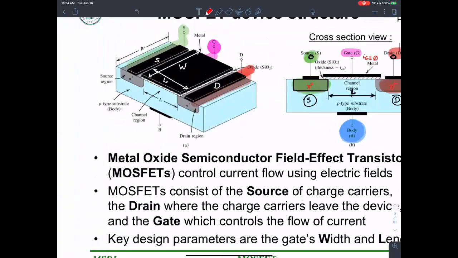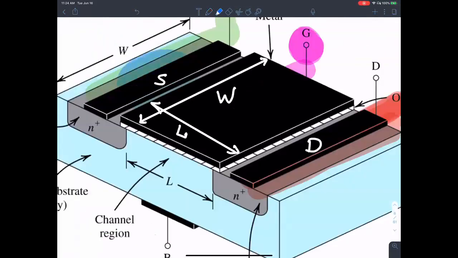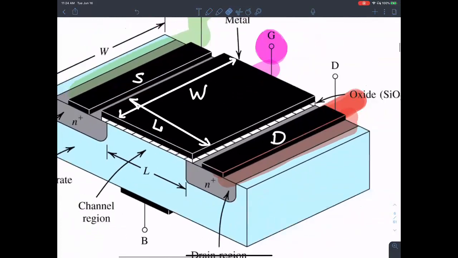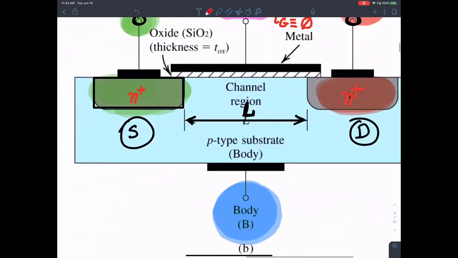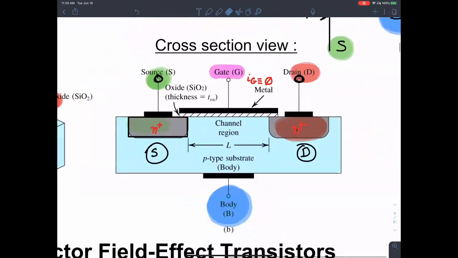This guy, the distance between source and drain, I named it as L, right? The physical separation between the drain and source, we call that length. But what do you think happens when the drain extends closer to the source? The length is decreasing, the effective length is decreasing as a function of the drain source voltage.